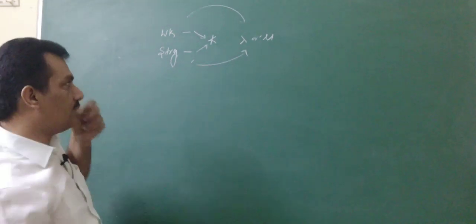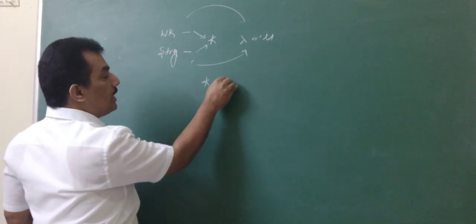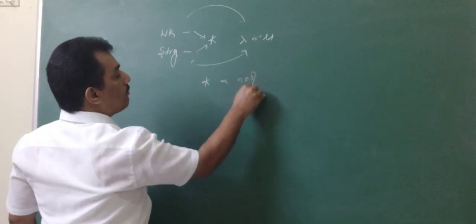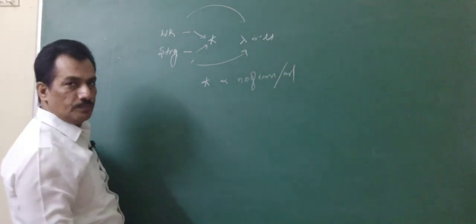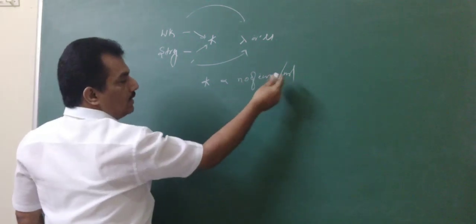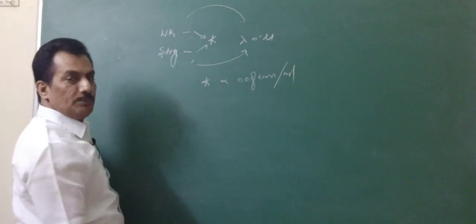First of all, kappa, if you recollect, is depending only on the number of ions present per ml. That is, for unit volume, how many ions are present, that is responsible for specific conductance.